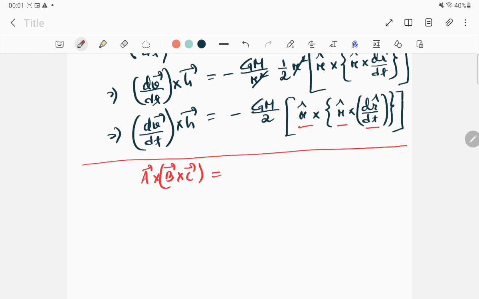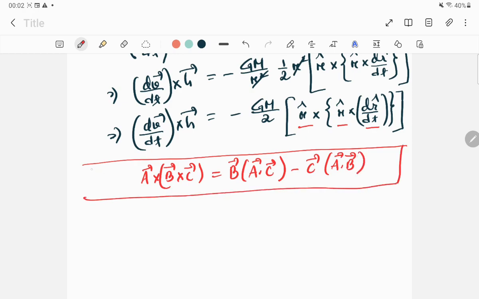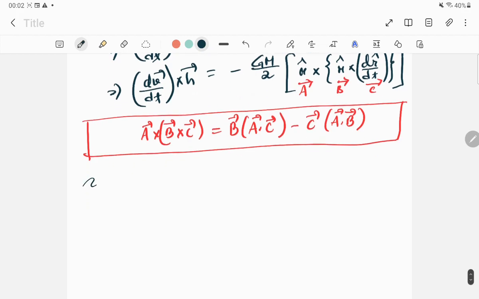First of all, we will keep B outside and it will be simply A dot C, and then C outside and it will be simply A dot B. So this formula we are going to apply. Here this is our A vector, this is our B vector, this is our C vector. So we need to be very patient to use this formula here. Be very careful and be slow and correct.